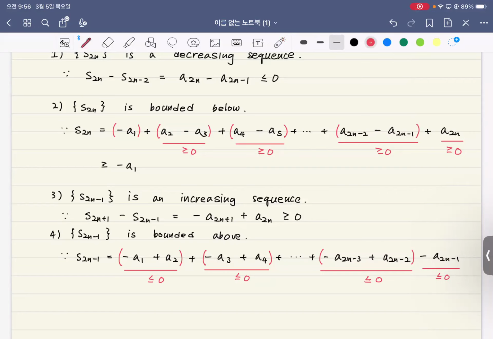So therefore, everything is non-positive. So S2n minus 1 is an increasing sequence, bounded above. Therefore, due to the monotone convergence theorem, this second subsequence is also convergent.